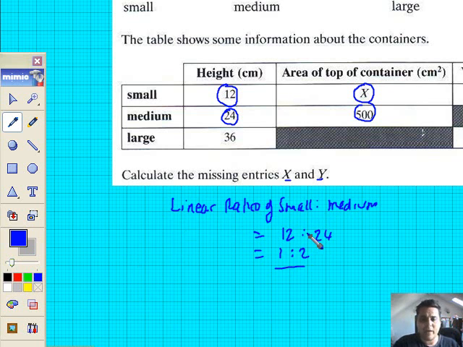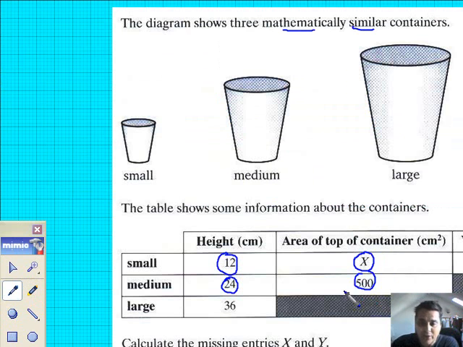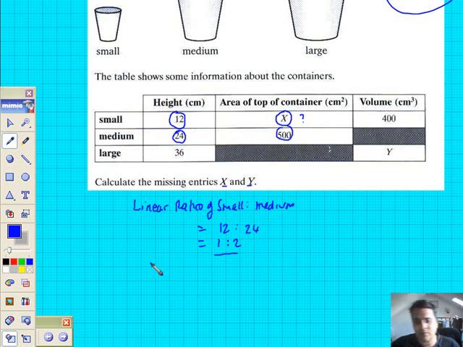Now look, we have a linear ratio here. We can upgrade, if you like, to get an area ratio and use these 2 facts to work out mystery X. Put a question mark there. So area ratio is going to be, take the linear ratio and you square it, don't you? That's going to give us 1 to 4, and therefore if the medium one is actually 500 centimeters squared, we can now find the area of the smaller one by dividing by 4.